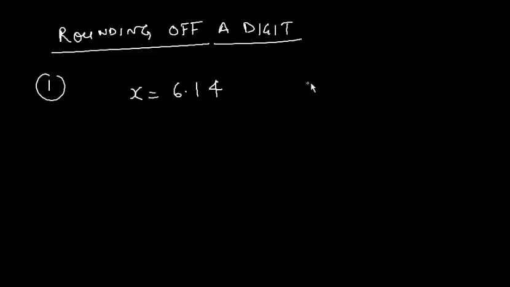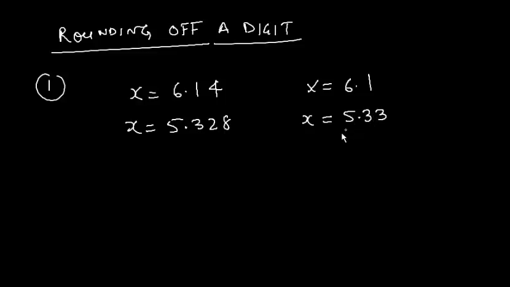So if I have to round it off, I can round off like this: x is equal to 6.1 for two significant figures. And suppose another number is x is equal to 5.328. I can round off like this: x is equal to 5.33 if I need to round off to three significant figures.